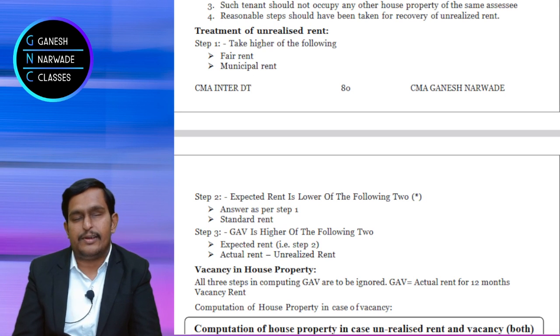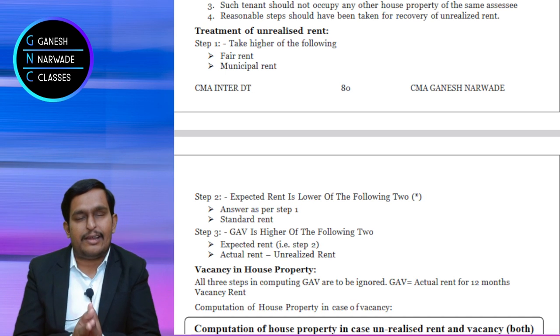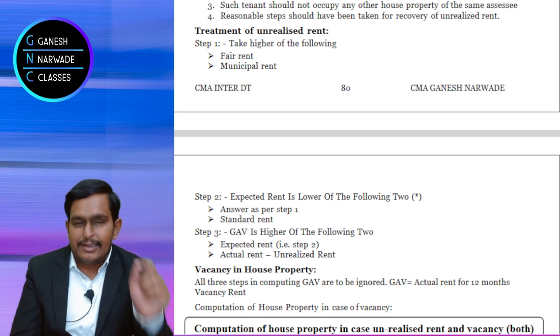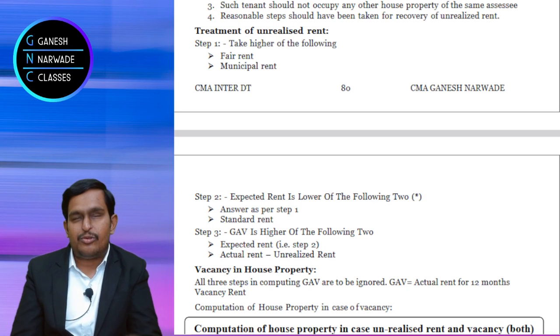Once you get this AR, compare this with expected rent. What is higher? Suppose actual rent is higher, after deducting unrealized rent and vacancy rent, that means whatever you collected from the tenant is the actual rent. If that actual rent is more than expected rent, then GAV is equal to actual rent.